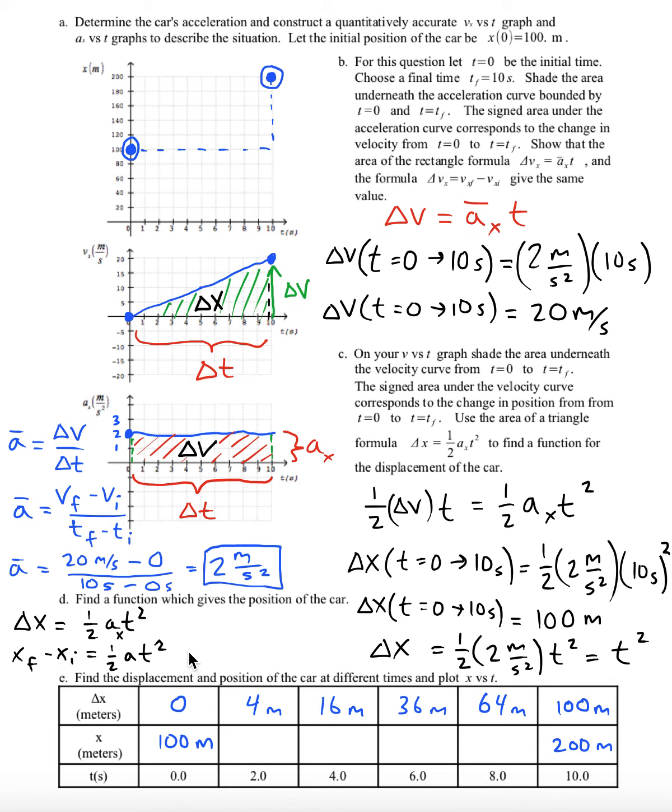Now we want to move our xi over to the other side. We're going to get x equals 1/2 at squared plus xi. That's going to be our formula. Let's see if we can plug some things in though. We'll get t squared plus 100. That's going to give us the position of the car throughout time.